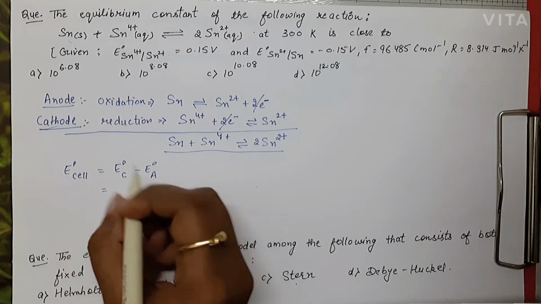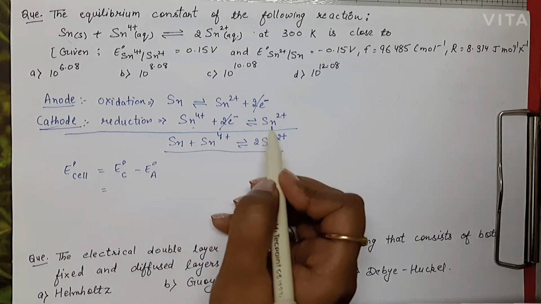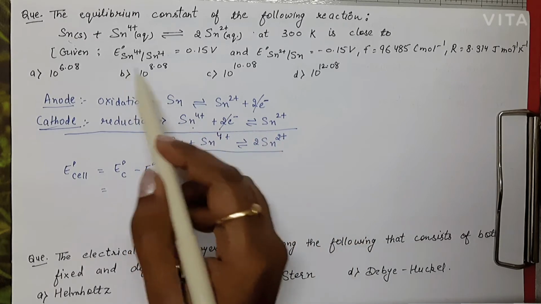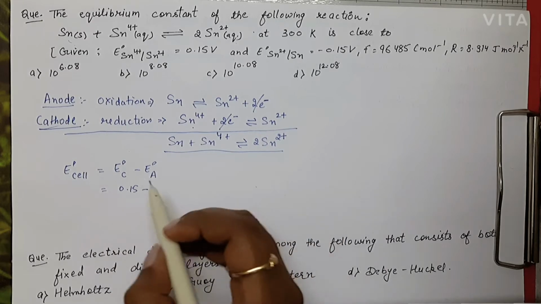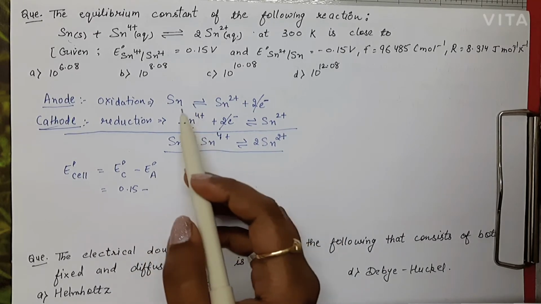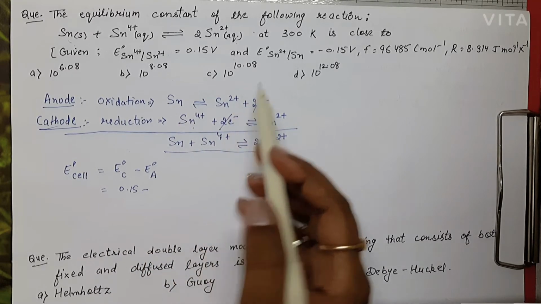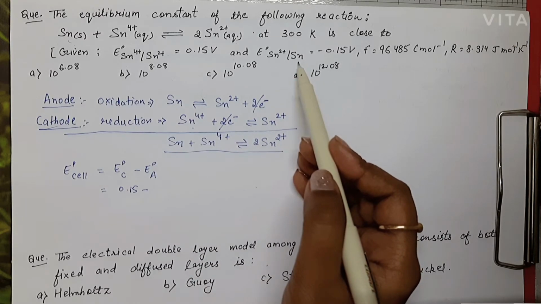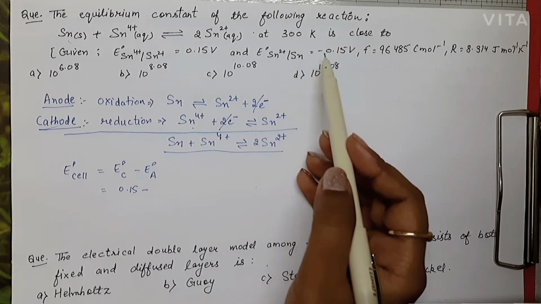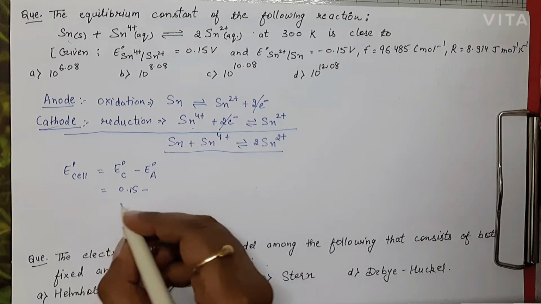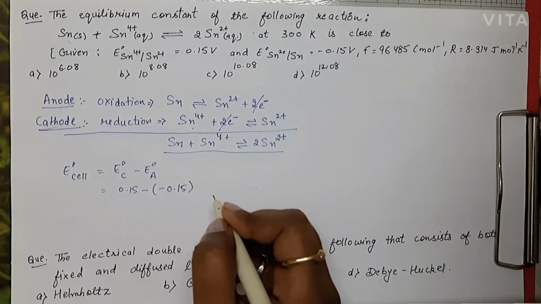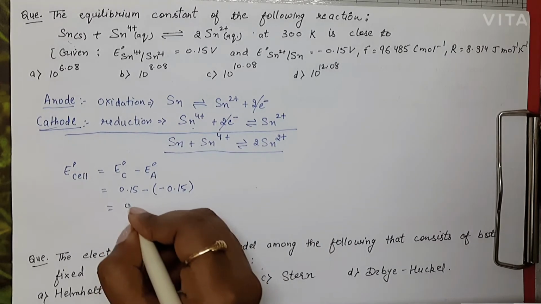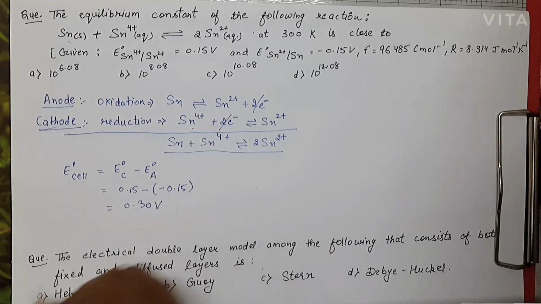So if I put the values at cathode, Sn4 positive changing to Sn2 positive, so it will be 0.15 minus at anode it will be Sn changing to Sn2 positive, but they have given Sn2 positive changing to Sn, so minus will change into plus, or you can put it like this. So it will be 0.30 volt.